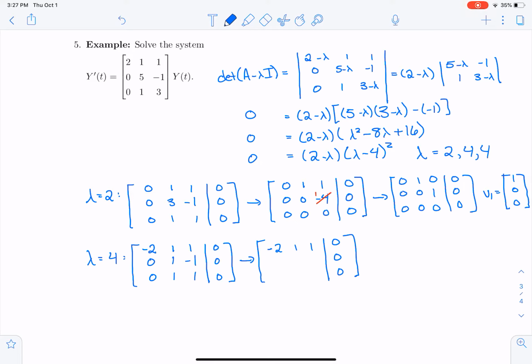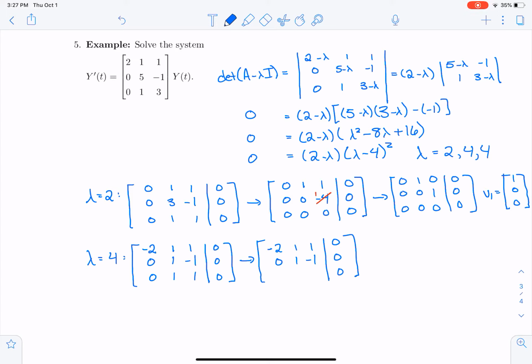And then I'm going to take the second row, and it already has a pivot, so I like that.